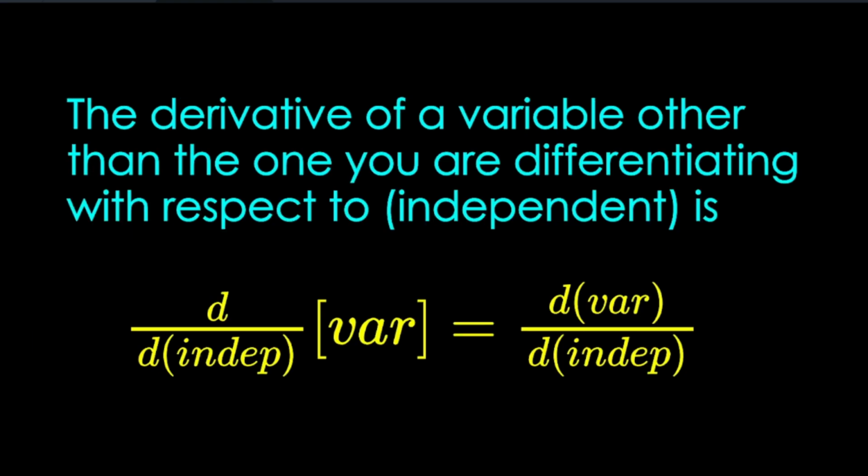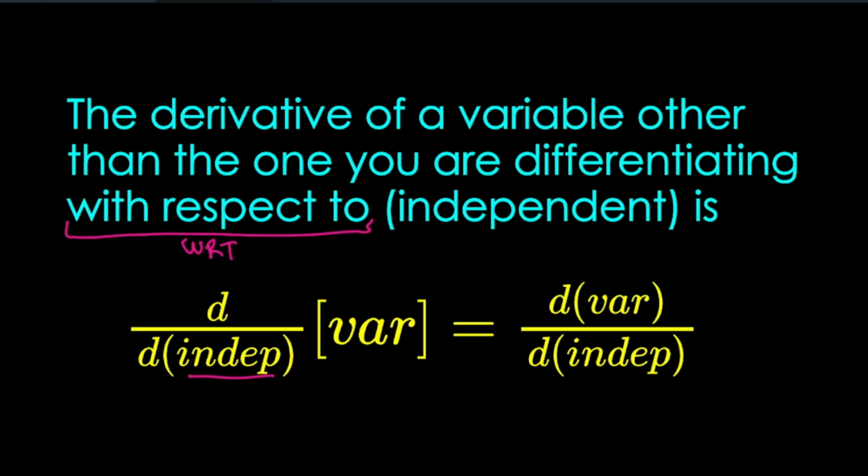Just to recap the point we were just trying to make. The derivative of a variable other than the one that you're differentiating with respect to, which is the independent variable. And by the way, with respect to, we usually abbreviate WRT. The variable you're differentiating with respect to is called the independent variable, and that one usually shows up after the d in the denominator.